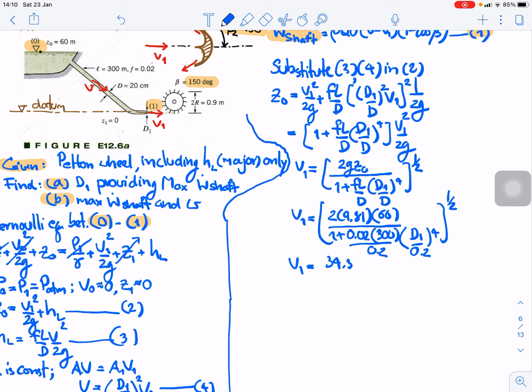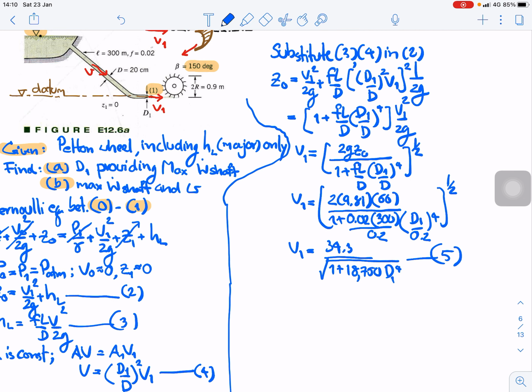So we get the number 33.3 and the square root of 1 plus 1,000, 80,000. So we got the equation of V1 as a function of D1.